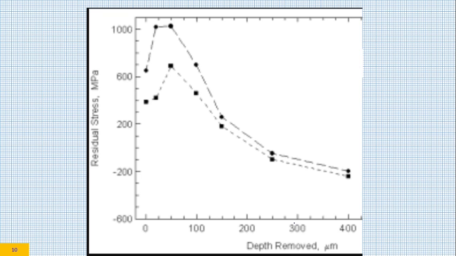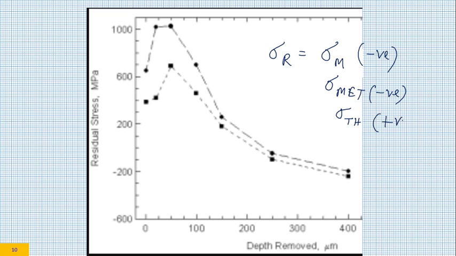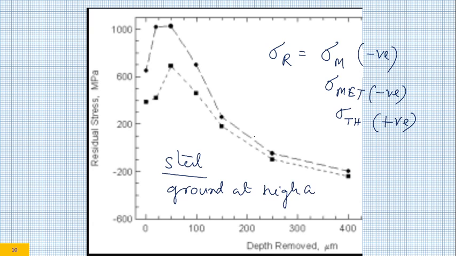So, what are the issues here? For residual stress, you have something coming from mechanical, something coming from metallurgical, and something coming from thermal origin. This is compressive, and this is tensile. And this is a typical steel which has been ground at high A, and there are two stresses.